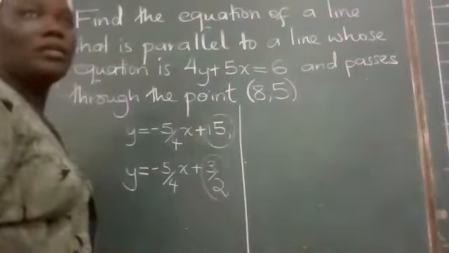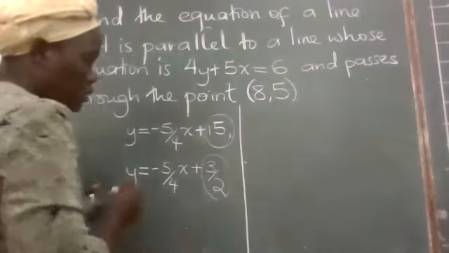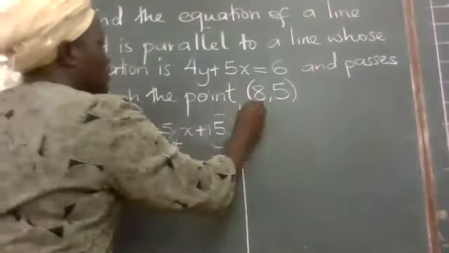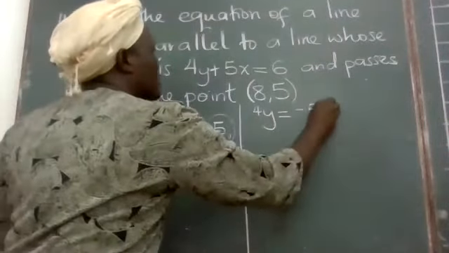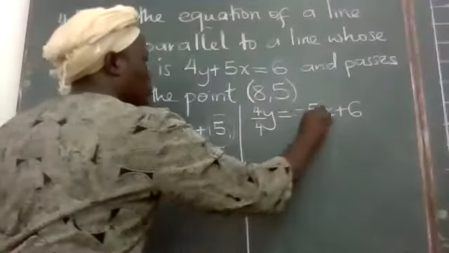Okay, maybe we can go through in the interest of time. So we rearrange this. 4y is equal to -5x plus 6. Then we divide through by 4.